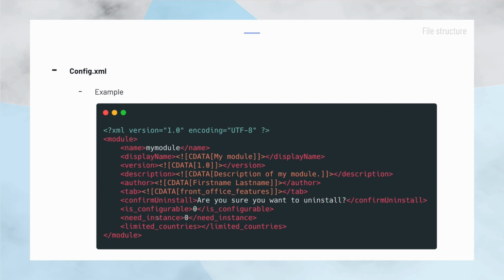Is configurable, need instance, limited countries. So is configurable indicates whether the module has a configuration page or not. Need instance indicates whether an instance of a module must be created when it's displayed in the module list. And the limited countries, if you would like to limit it to certain countries. So nothing fancy about this file, just some entries defining information about our module.